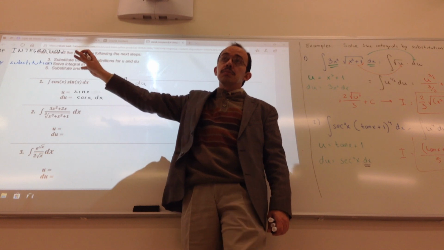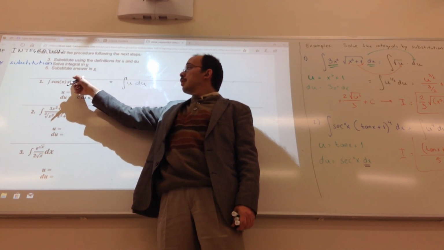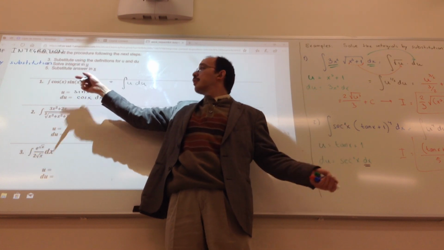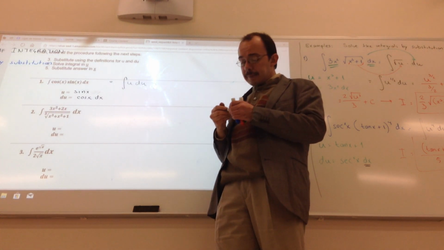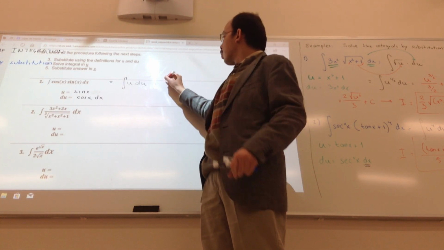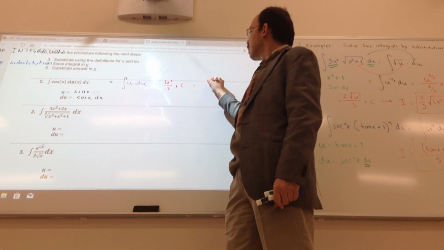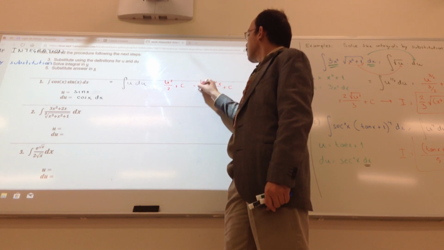That's it. Why? Because my u, the sine, doesn't have another bigger function outside. It's just multiplying the cosine, so it's u times du. The integral of that is u squared over 2 plus c, so it's going to be sine squared of x over 2 plus c. That's it.